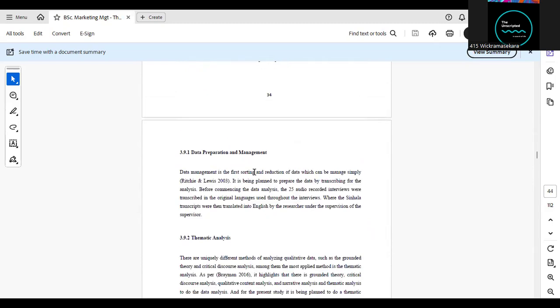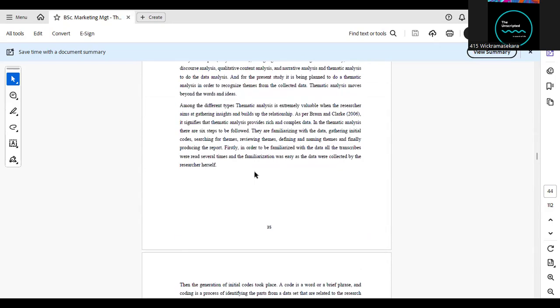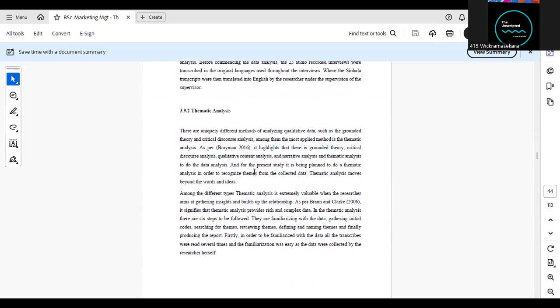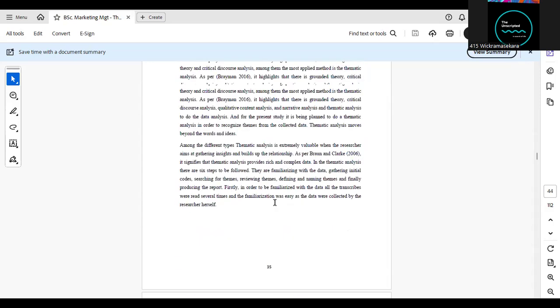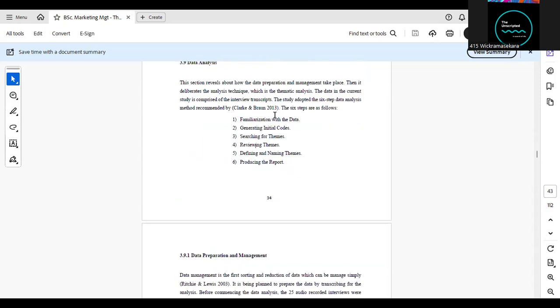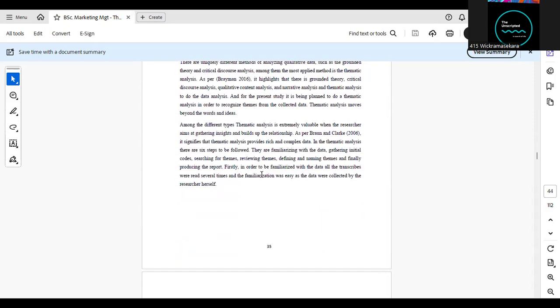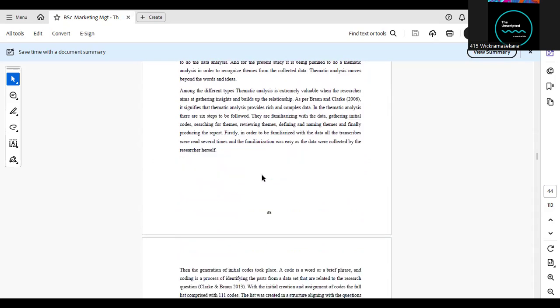So you first have to get familiarization with the data. That means you are doing the interviews and you have to get them recorded and listen to them several times in order to get familiar with the data. And following that, you have to get it transcribed: the audio recordings written or typed word to word on a piece of paper or a Word document.